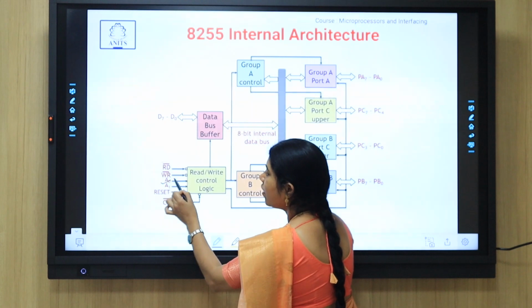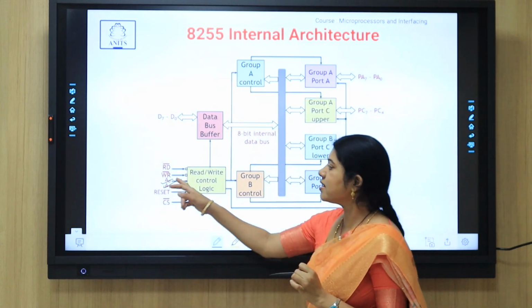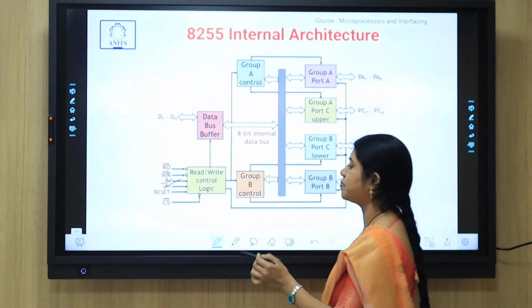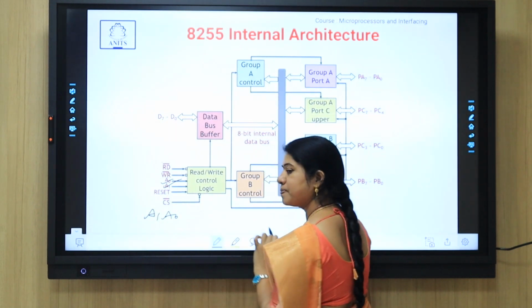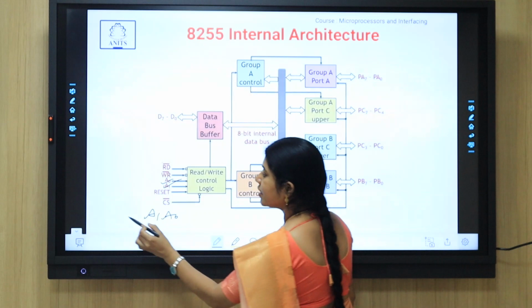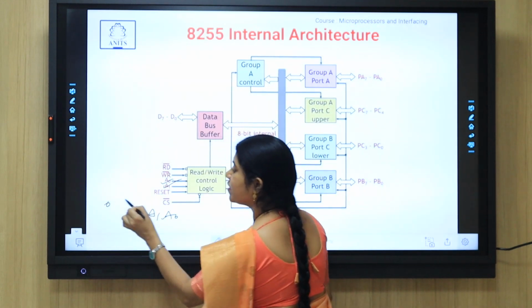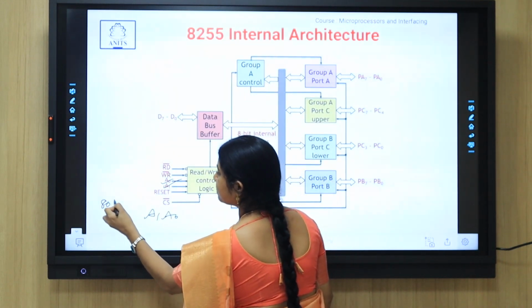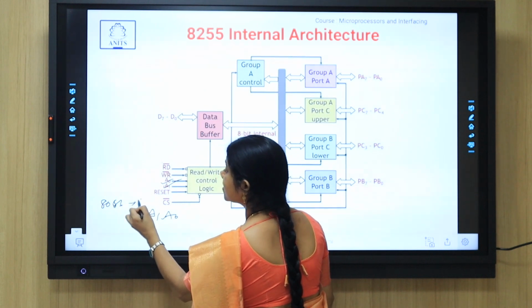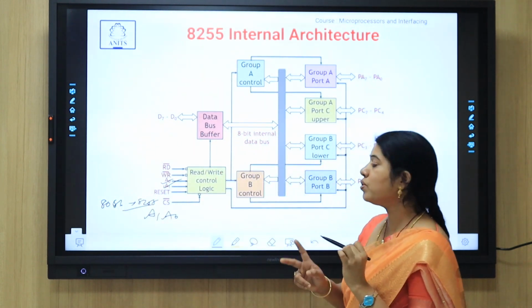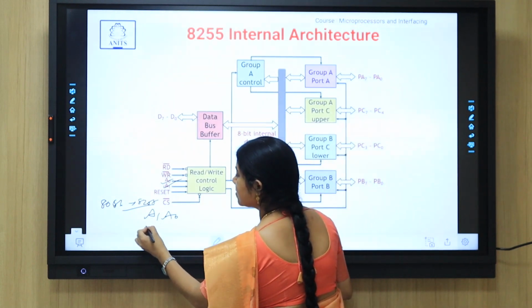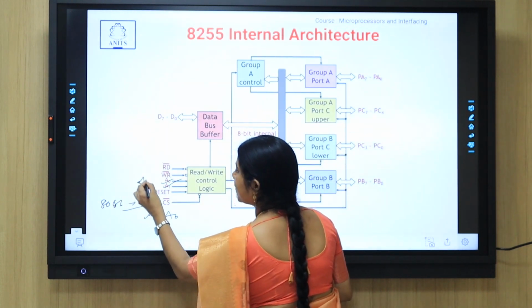And coming to the A0 and A1 lines, yes, these are the two important address bits that are used to select ports. When the 8086 is interfaced with this 8255, it sends two lines, that is A2 and A1.